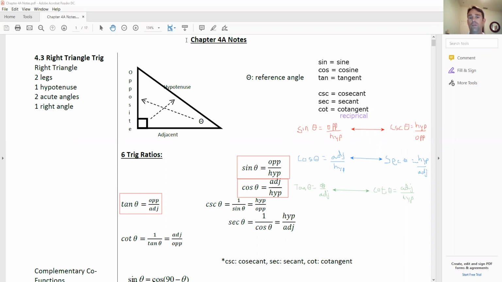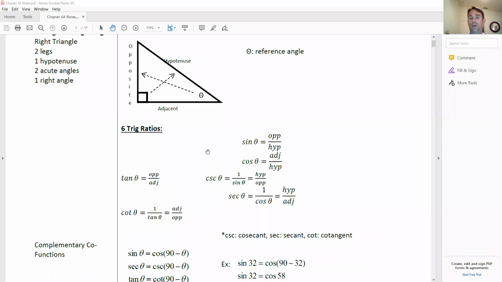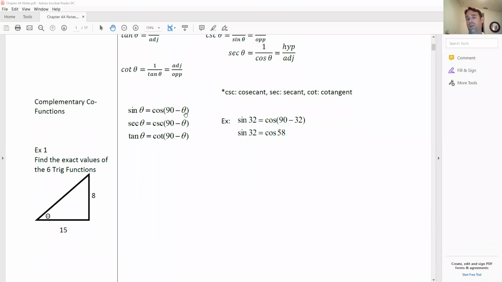From there, back in Integrated 2, we learned something called complementary angles, which are angles that add up to 90.